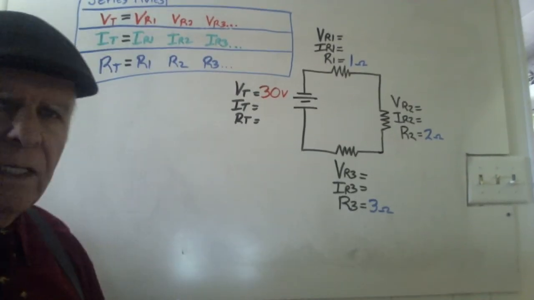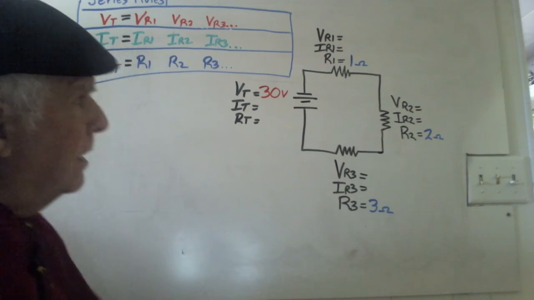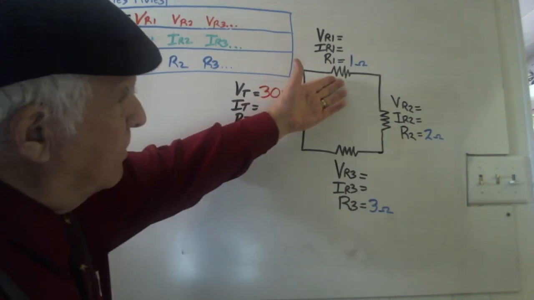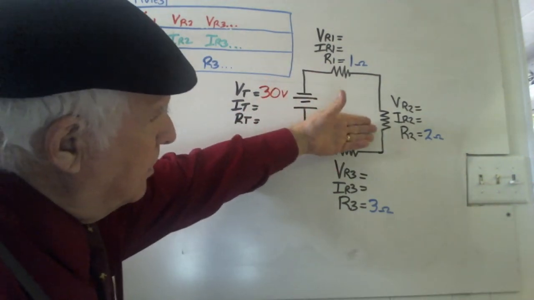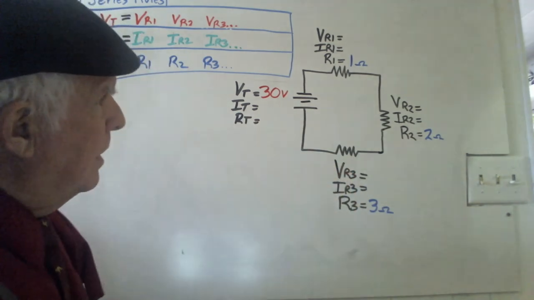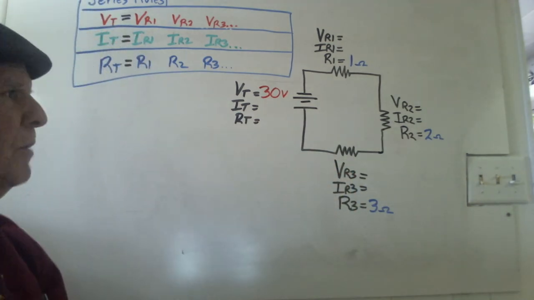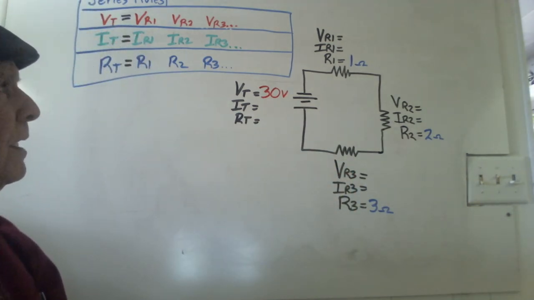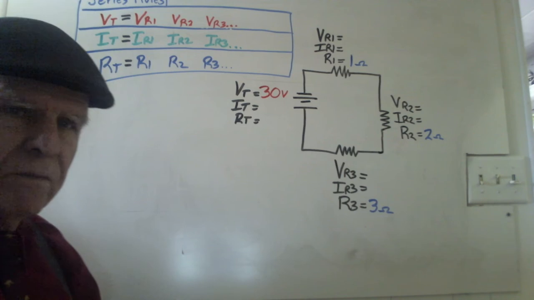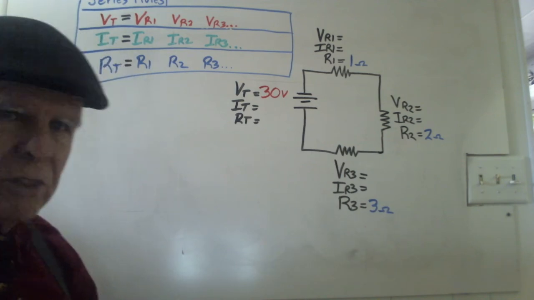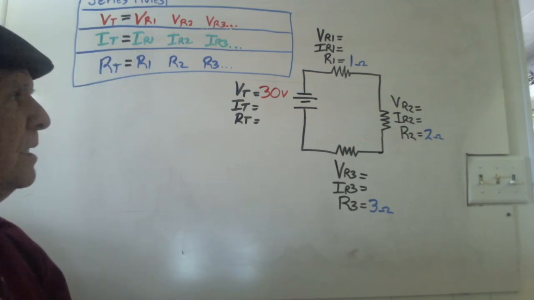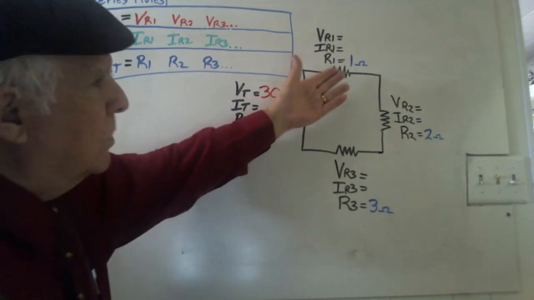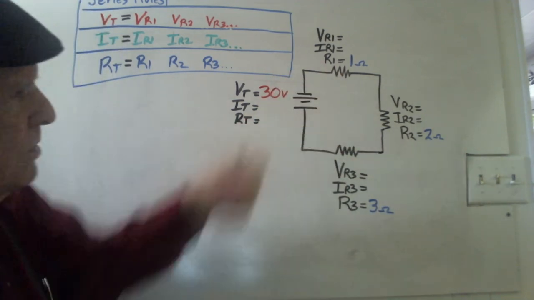Here we have a series circuit, and the circuit consists of a resistor of 1 ohm, 2 ohms, and 3 ohms. Ohms is the unit of measurement for resistance. And so now, just guessing, because this is our very first time going over this, how much total resistance would you think I have in this circuit?